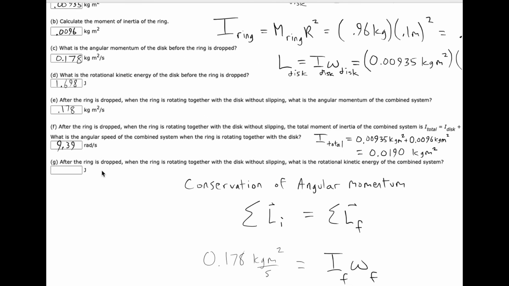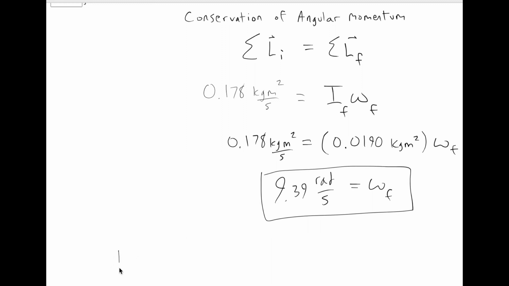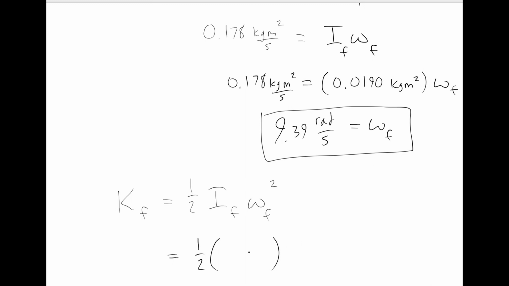One last question that's asked here is, after the ring has been dropped, when the ring is rotating together with the disk, what is the final rotational kinetic energy of the system? So for that, I'll use the formula K equals 1/2 I omega squared. Our new moment of inertia is 0.019 kilogram meters squared. And we now know the final angular speed.